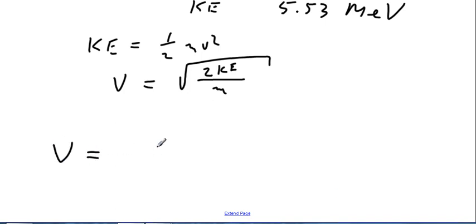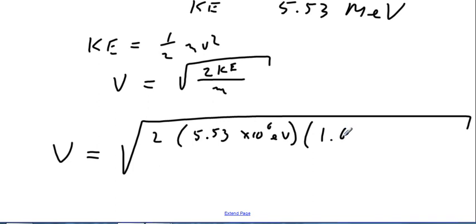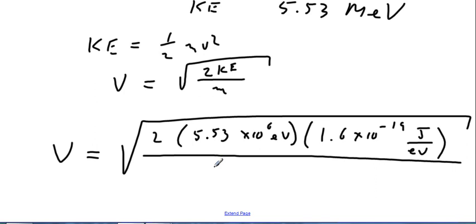Velocity is equal to the square root of 2 times 5.53 times 10 to the 6 electron volts, times 1.6 times 10 to the minus 19 joules per electron volt, that's from the front of your book, divided by the mass of the alpha, 6.64 times 10 to the minus 27 kilograms.